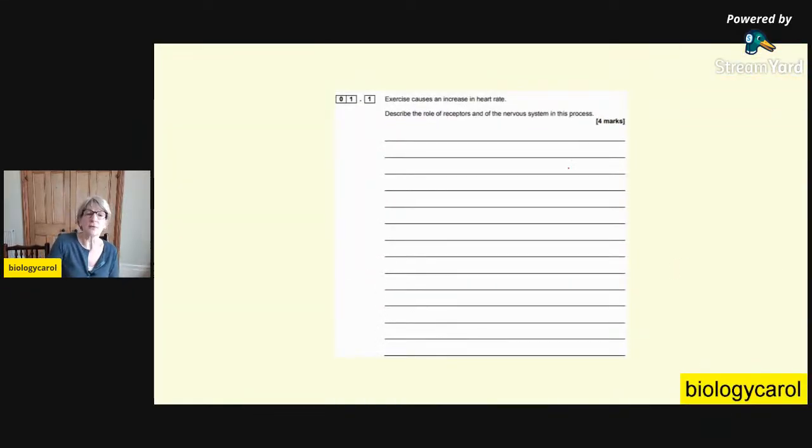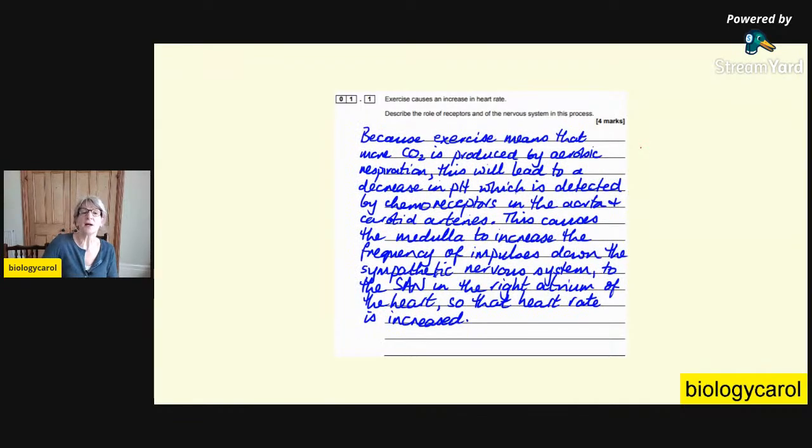So, question 1, exercise causes an increase in heart rate. Describe the role of receptors and of the nervous system in this process. So here we are talking about exercise. Of course, if your muscles are exercising, they're going to be producing more carbon dioxide.